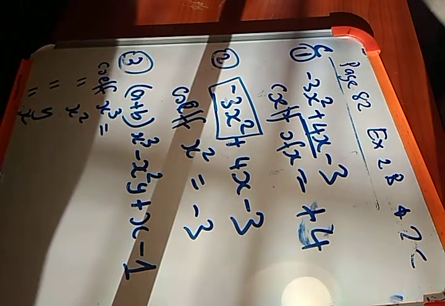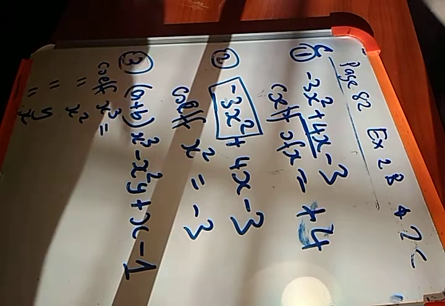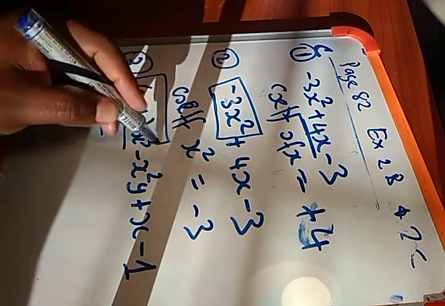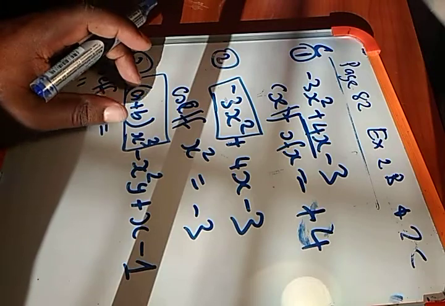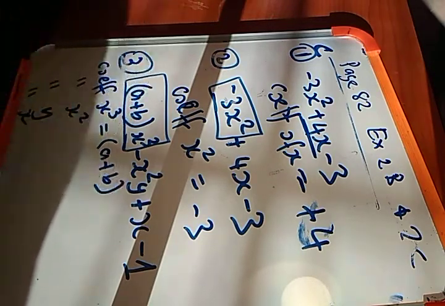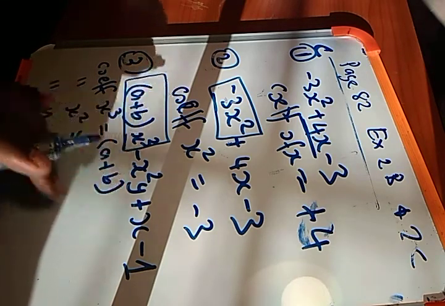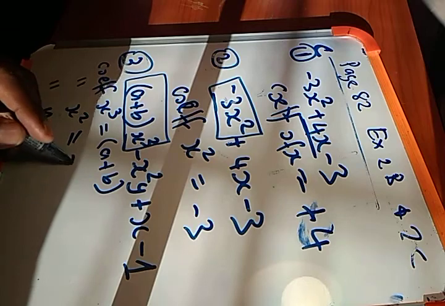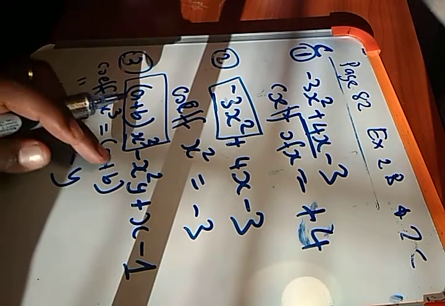So let's start with the coefficient of x cubed. There's x cubed. The coefficient would be the term that's in front of it. So that would be a plus b. The coefficient of x squared will be minus y. Don't forget the minus.